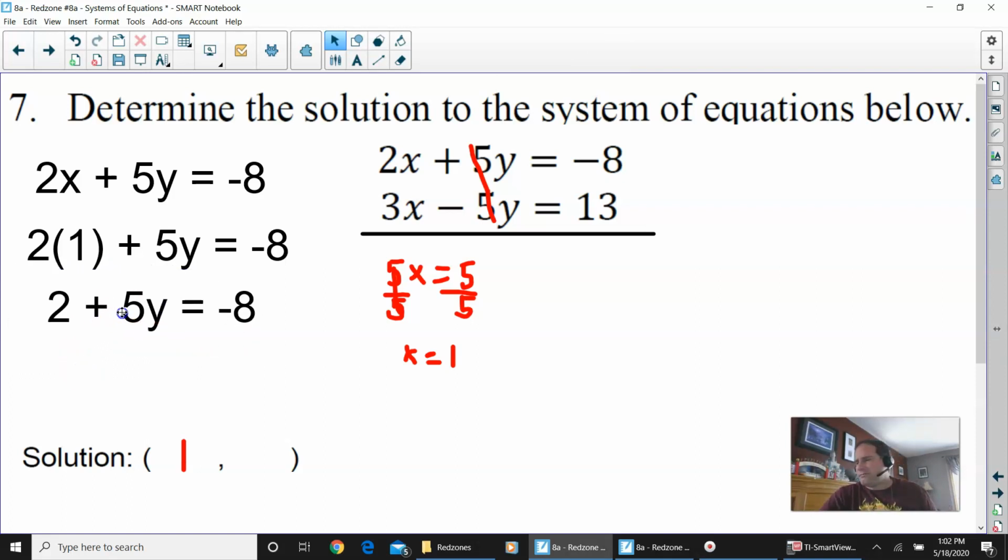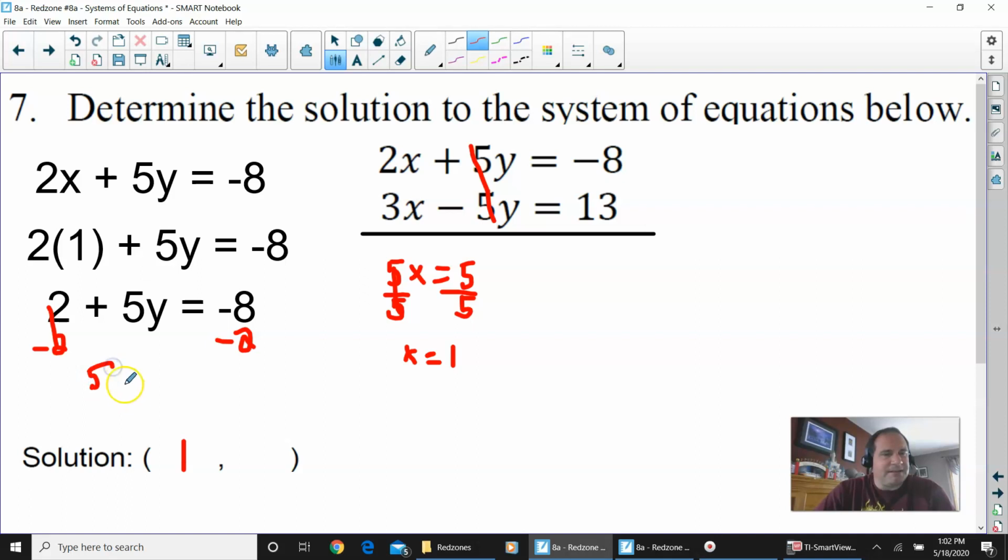So now it becomes an easy question. All right, so this cancels, and you have 5y equals negative 10.